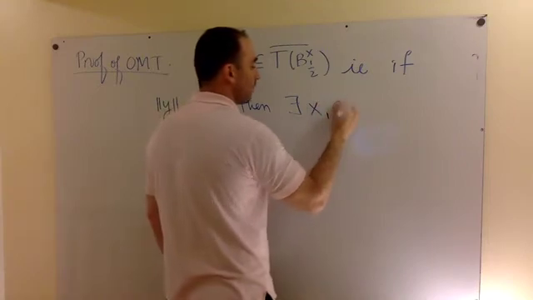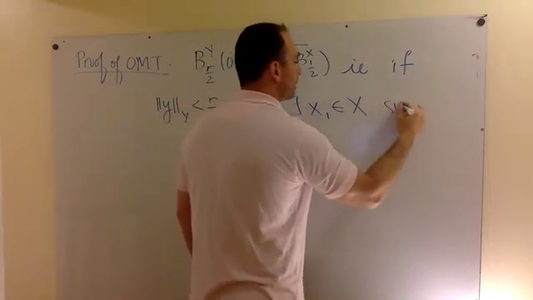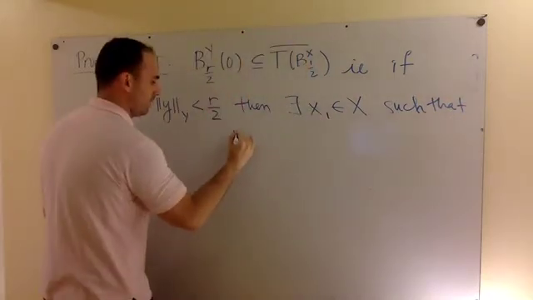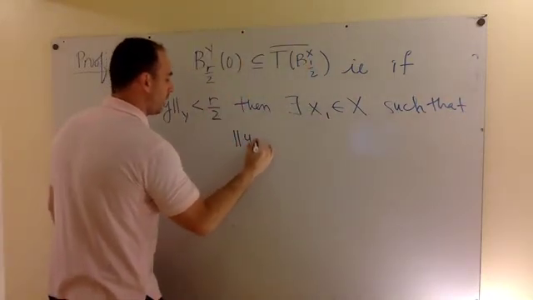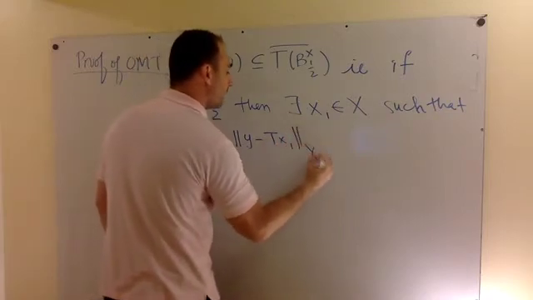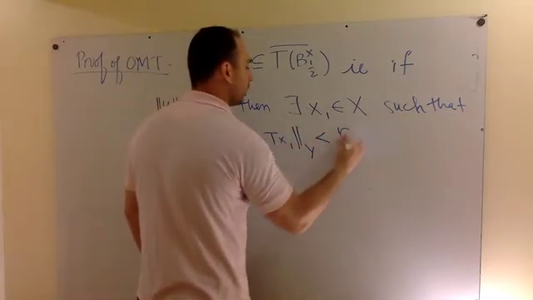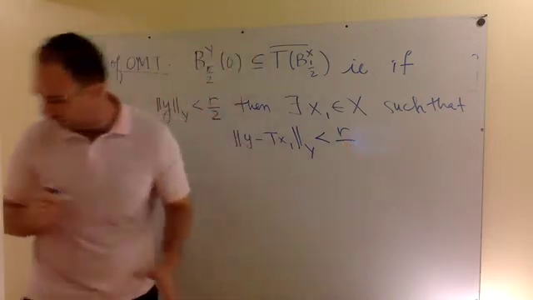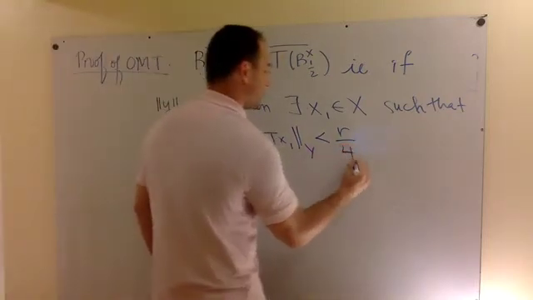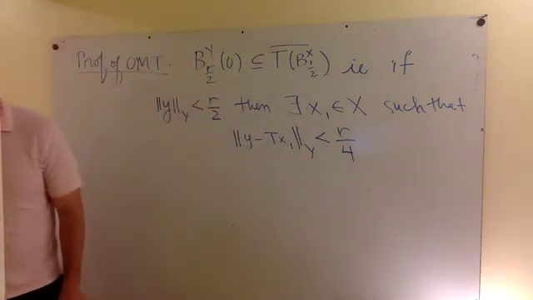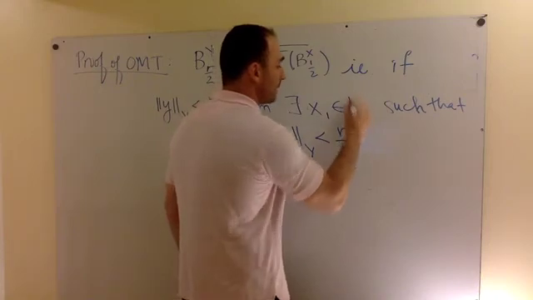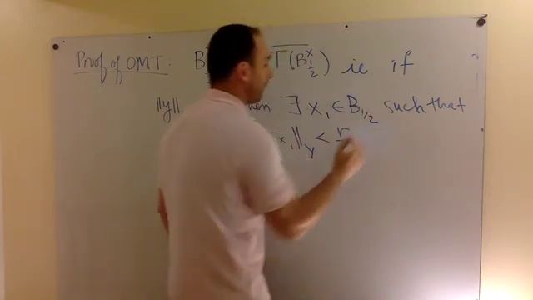There exists an x1 in X such that the norm of y minus T x1 in Y is less than r over, you can double check this, 4. And by the way, this x1 is in B of 1/2.